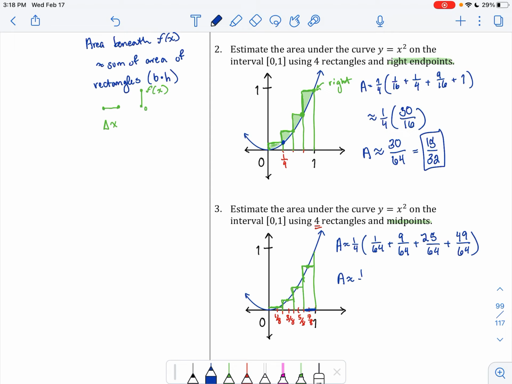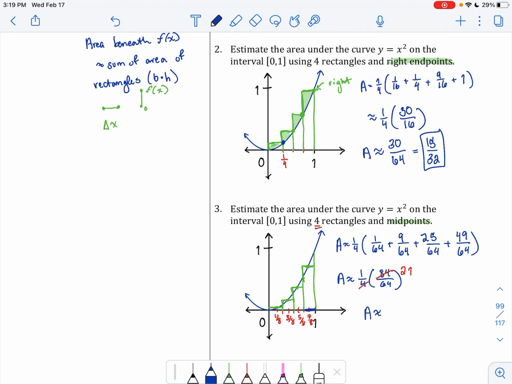So the area then is approximately equal to 1/4. The nice thing about this is that they are all going to have the same denominator right away. So 84 over 64. And that tells us if we can simplify at this point, before we even multiply, 4 and 84 we can simplify as 21.